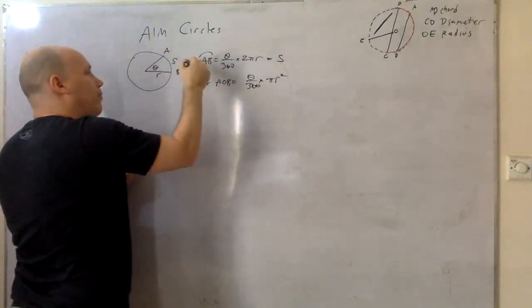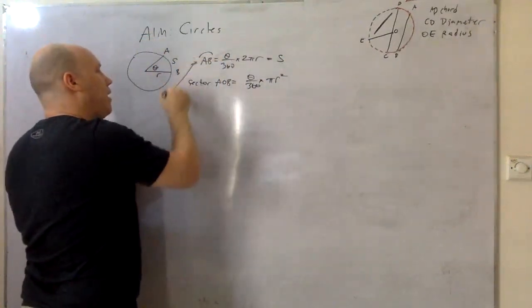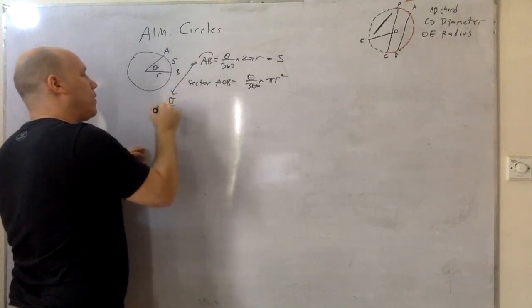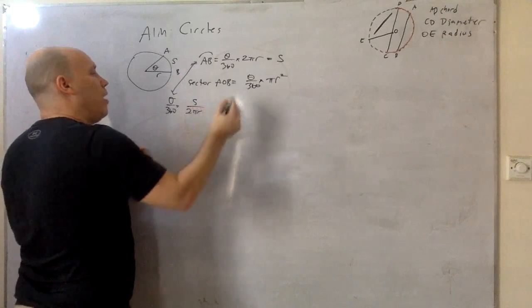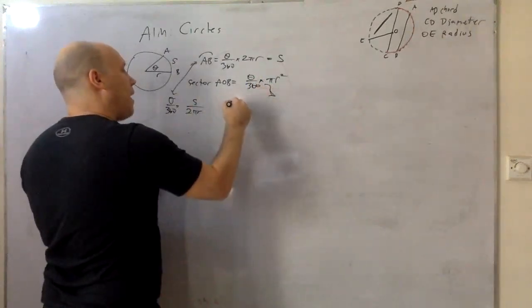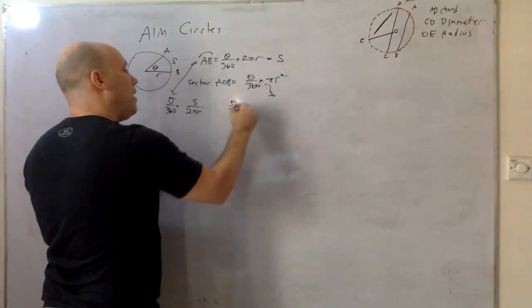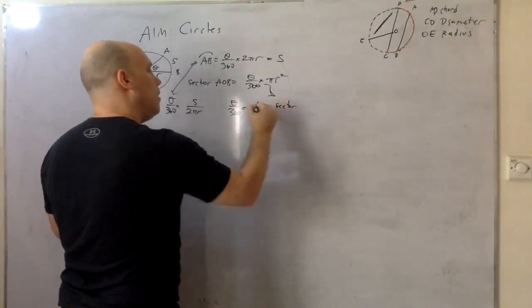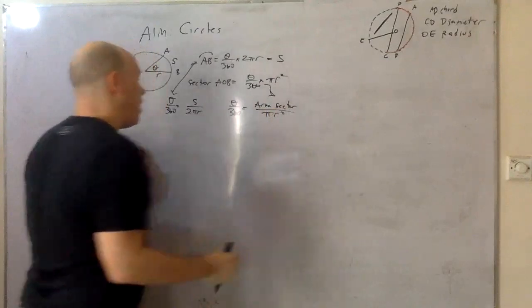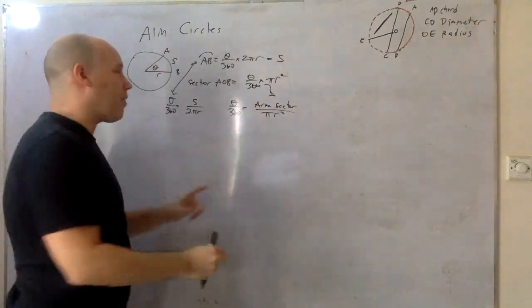So for this one, theta over 360 is equal to the arc length over 2 pi r. And over here, theta over 360 is equal to the area of the sector over pi r squared. And that means I can combine these two things together.